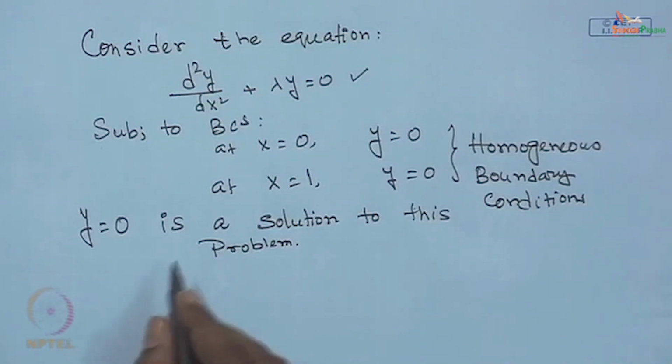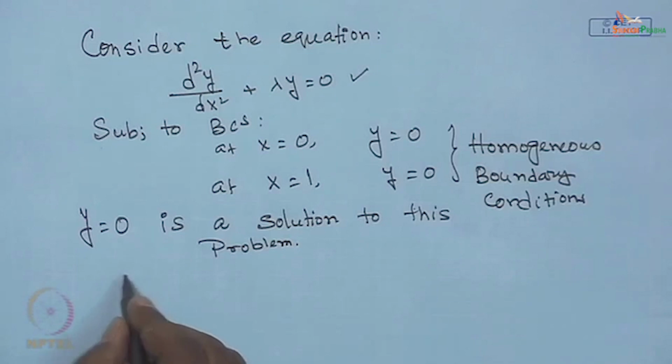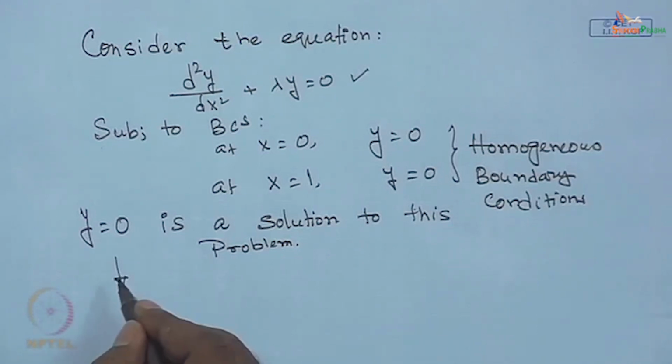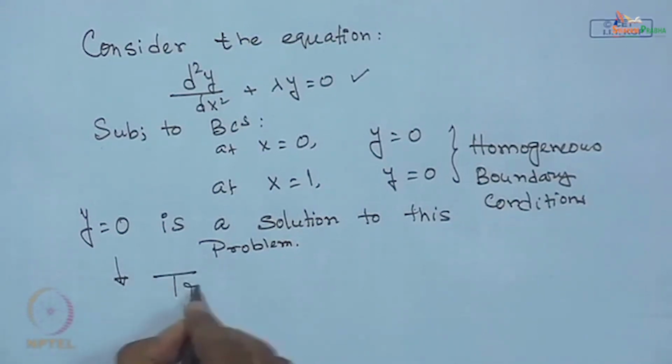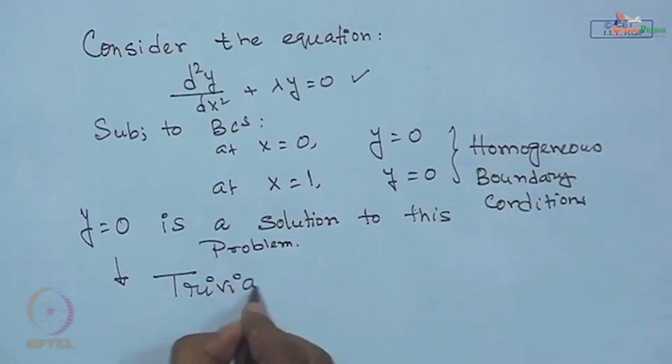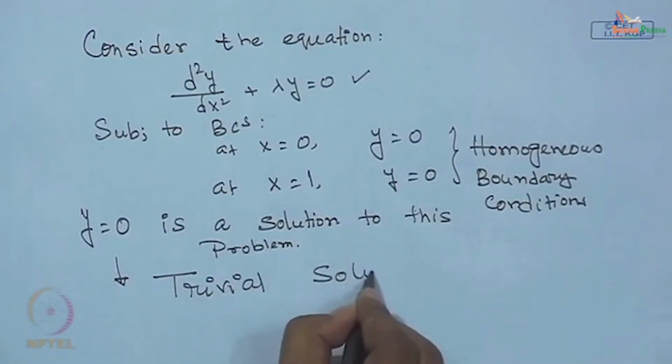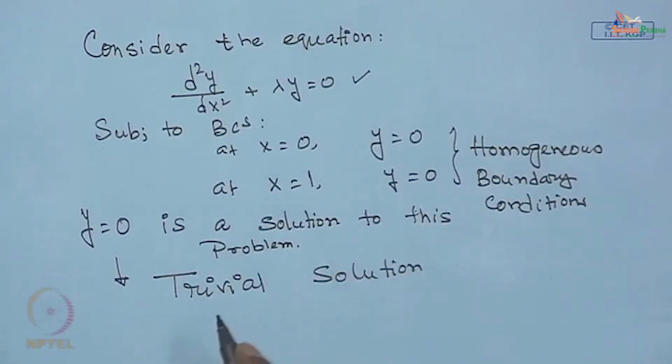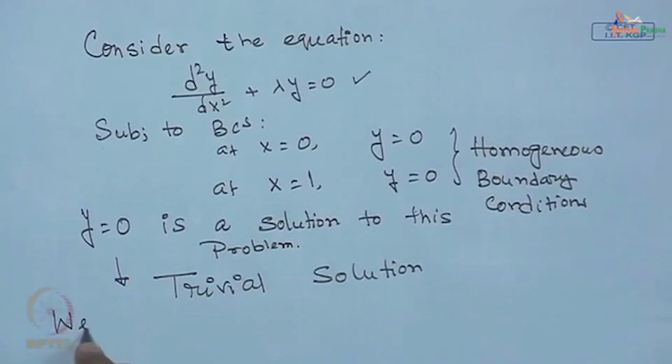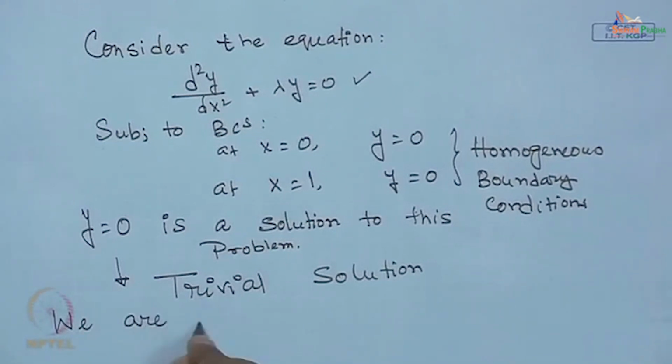This solution is known as a trivial solution. So, y is equal to 0 is of course a solution, but it is a trivial solution, and we are not looking for that. What we are looking for is a non-trivial solution.